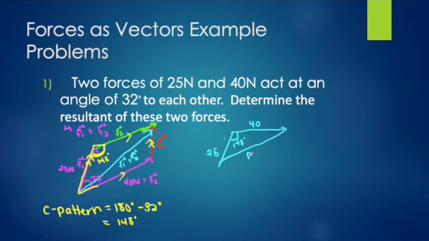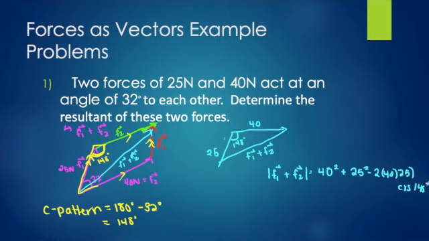And then this is our F1 plus our F2 that we're going to find, okay? So you can do it like this. F1 plus F2 is going to be 40 squared plus 25 squared minus 2 times 40 times 25 times the cosine of 148 degrees.